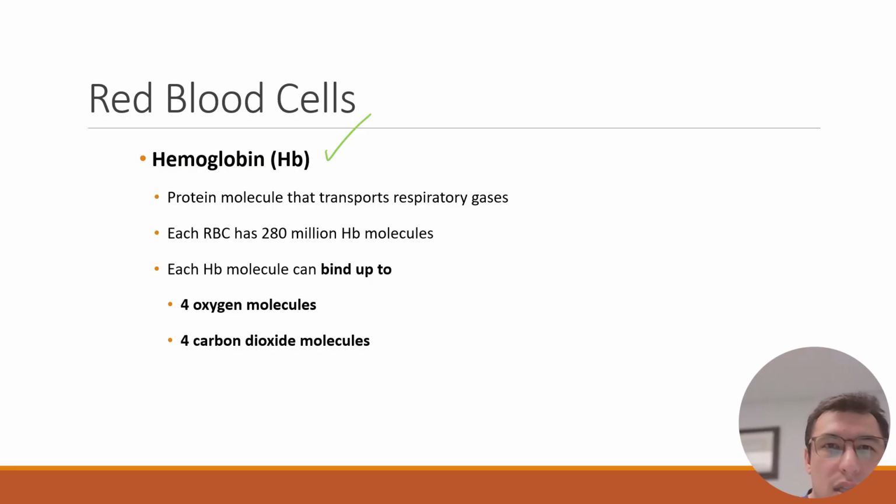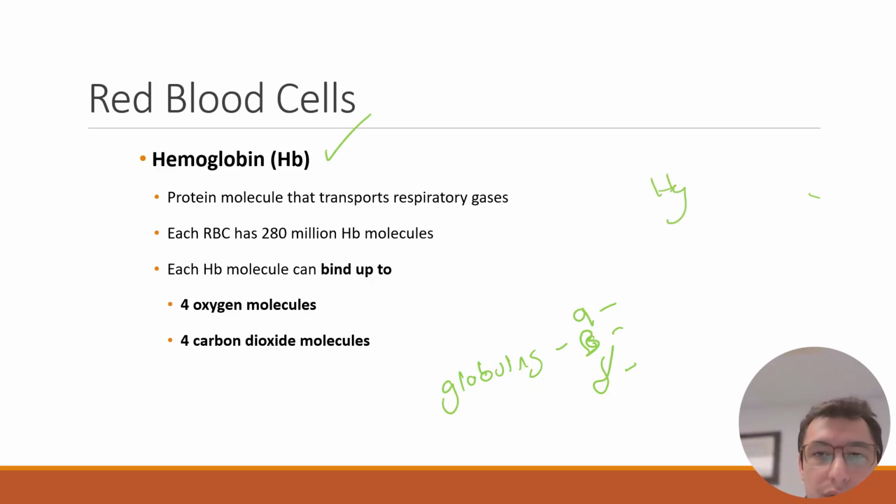Within the globulins, I want you to know that there are three types: alpha, beta, and gamma. So hemoglobin is made out of two alpha chains and two beta chains, at least for adult hemoglobin.